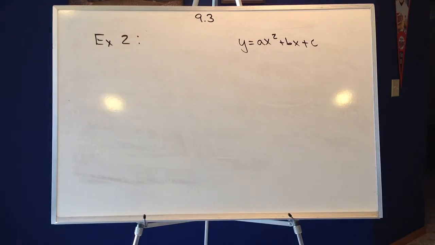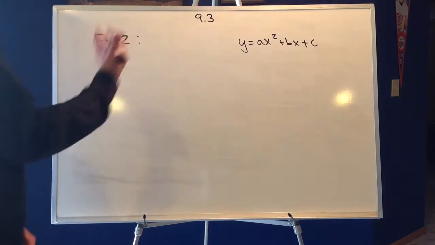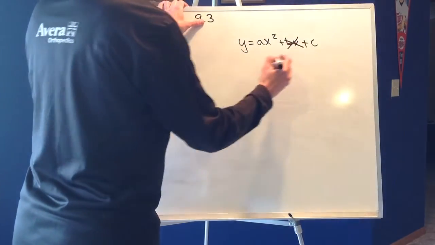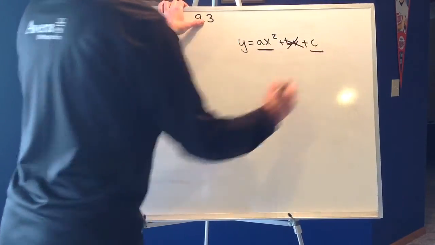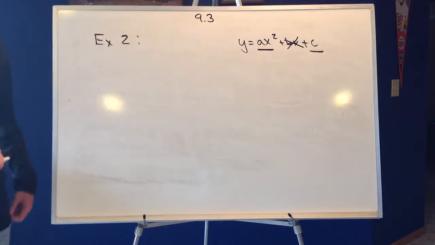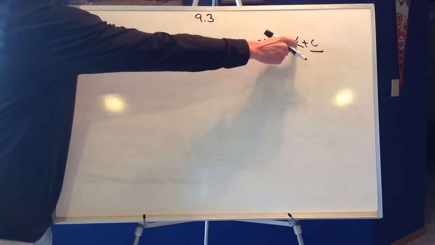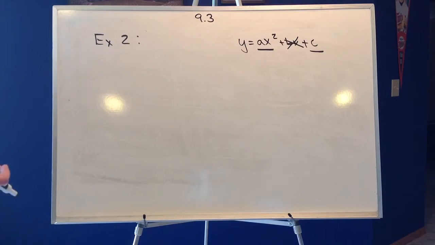Okay, if you have a number with the x, then you cannot use the square root method. It just does not work. Okay, so if this term is missing and you just have these 2 terms, that's when we can use the square root method. Okay, and it's a fairly quick method and it's really handy. Okay, but again, it only works if you don't have that term. If you have that term, we can't do it, and we'll look at one of the methods that we're going to use over the next couple days.